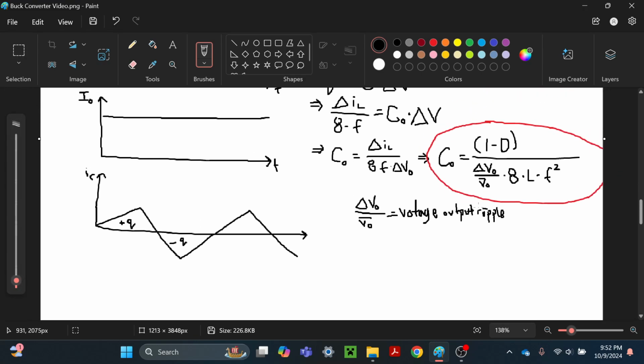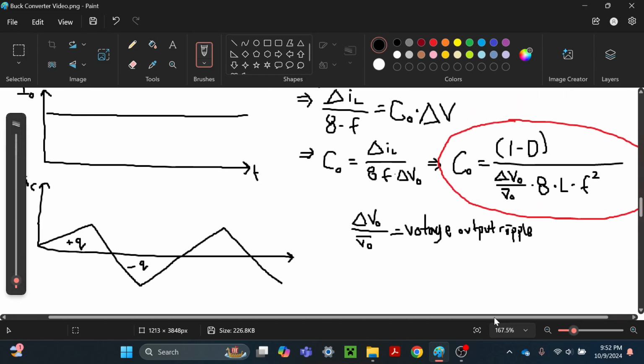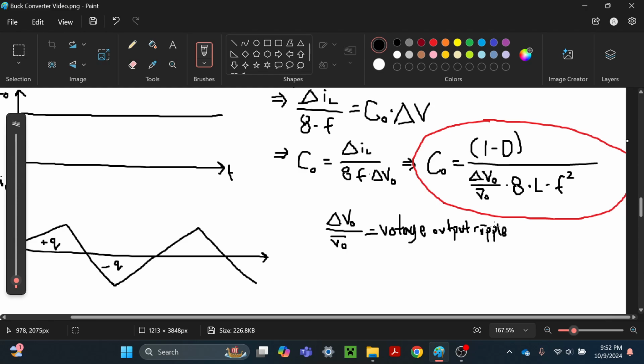So from this, you can see that if we wanted the output voltage ripple to be super small, basically the output voltage ripple is the proportion of the output voltage peak to peak value versus the average value. So the ratio of the output peak to peak divided by the average output voltage.